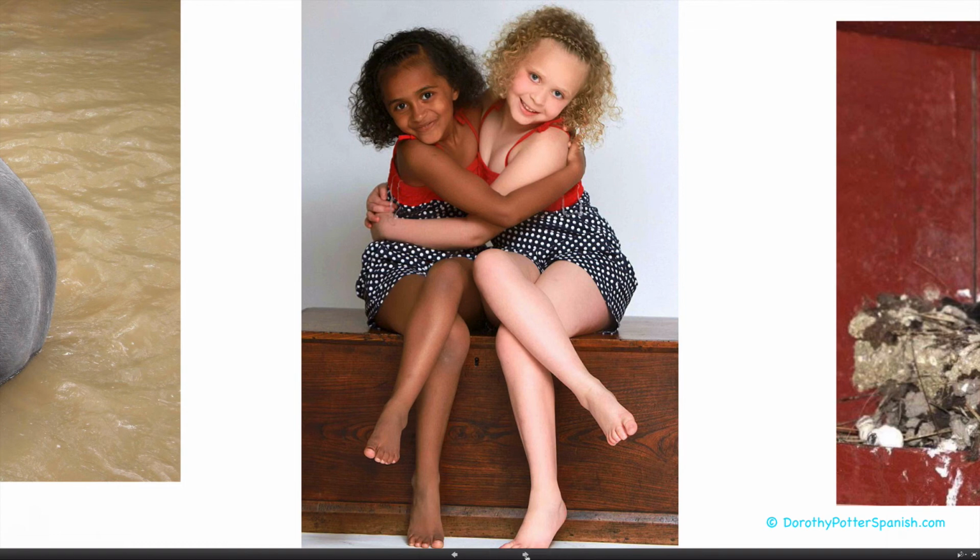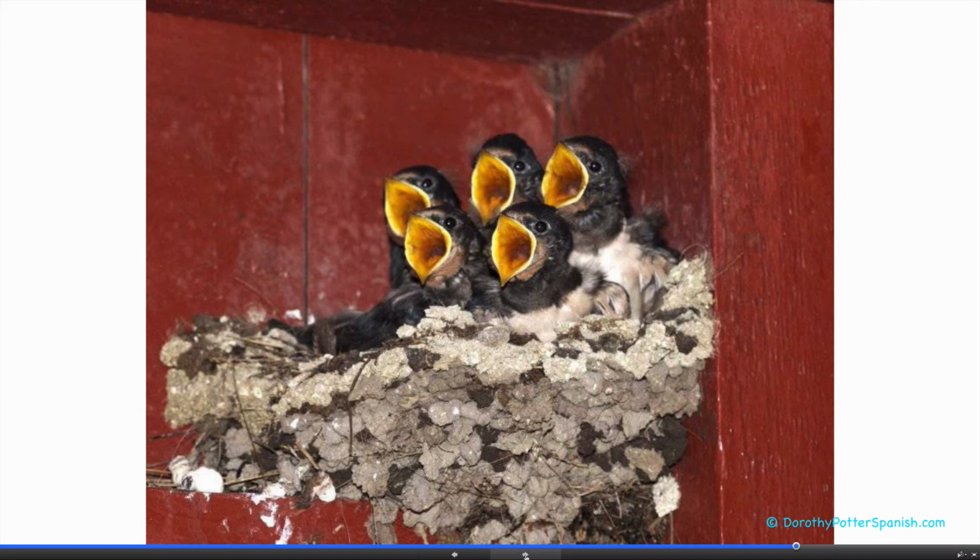They're hugging. Hay 5 pajaritos. Están en un nido. Son hambrientos. There are 5 little birds. They are in a nest. Están hambrientos. They are hungry.